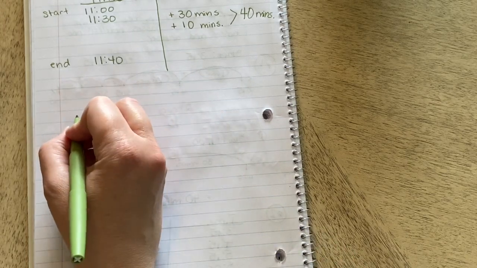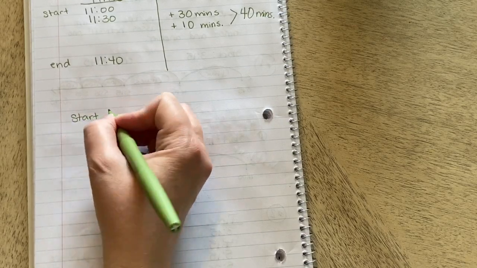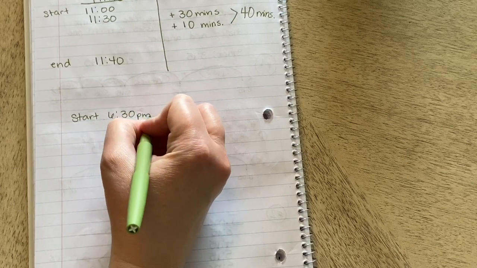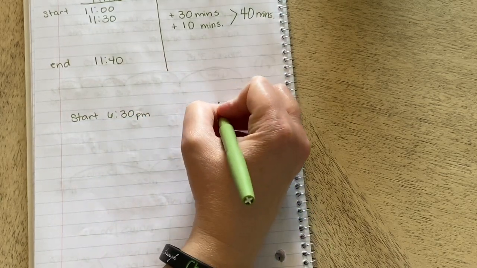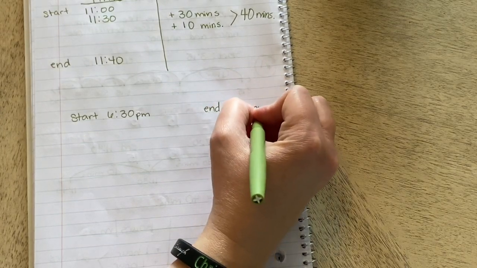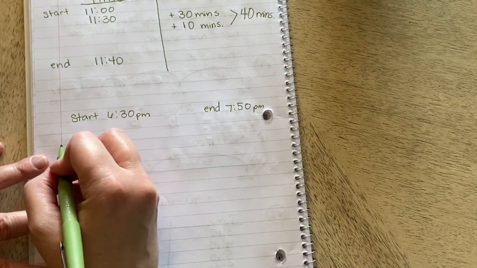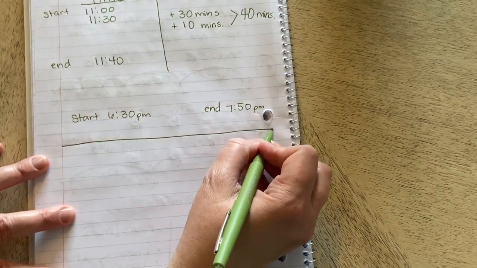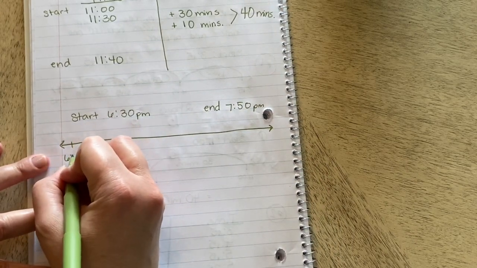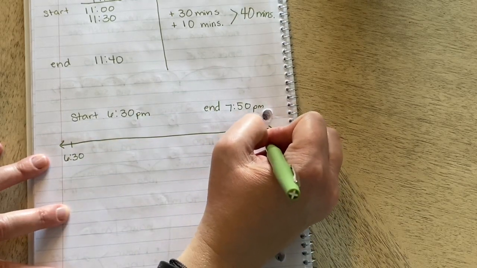Let's see, we'll start with start time 6:30 p.m., end 7:50 p.m. So we're going to start with our timeline first. Our starting time is here, 6:30, and our end time is 7:50.